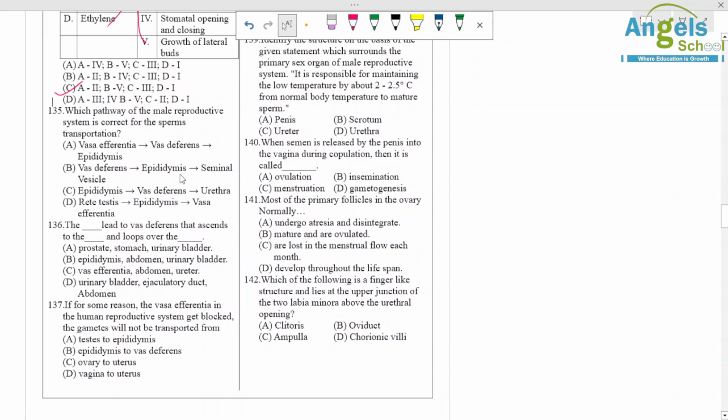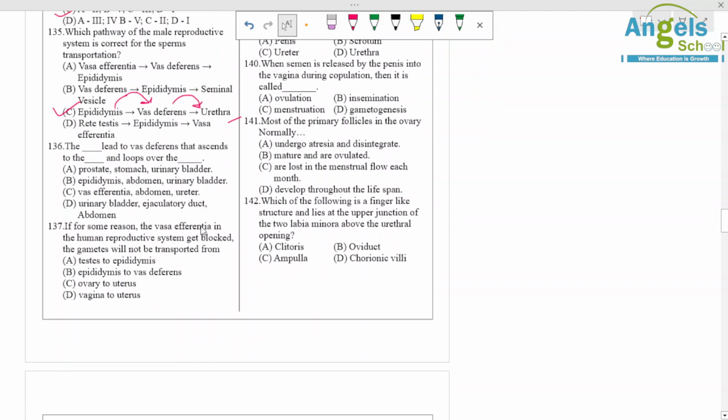Vas deferens, then epididymis: again a wrong option. Epididymis to vas deferens, and then urethra is the correct option. Rete testis to epididymis, and then vasa efferentia, but for complete sperm transportation it must go through the urethra, meaning it must come outside the body. So from the epididymis it goes into the vas deferens and from the vas deferens into the urethra. Okay, so option C is right.